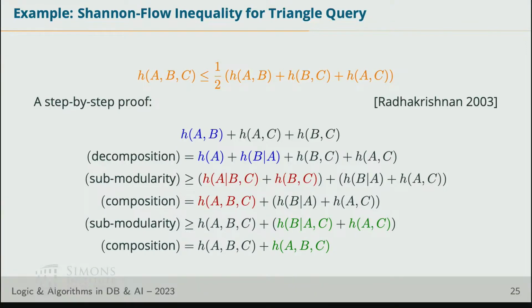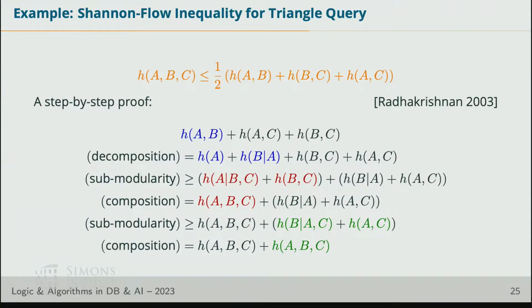So that's submodularity. But now you can group these two together. This is a composition step. So now h of A given BC plus h of BC, just like this one here, is h of ABC. Now we have one term on the right. So far we got one h of ABC on the left-hand side. And now let's look at this term. We apply submodularity again.